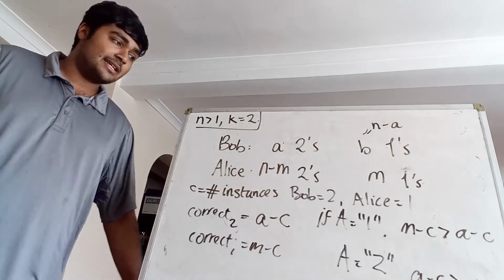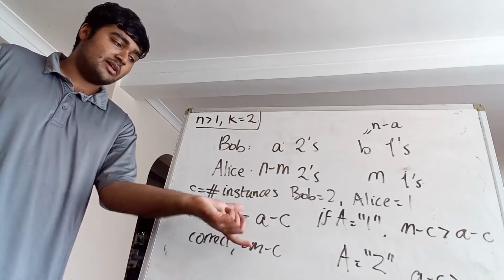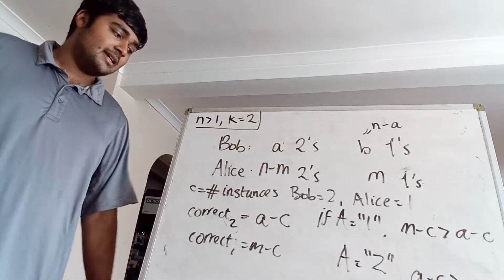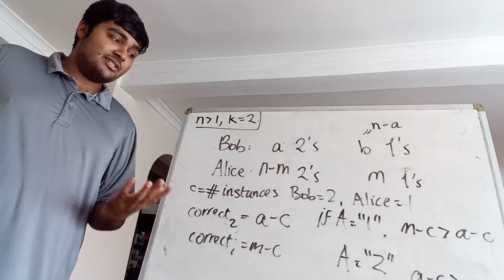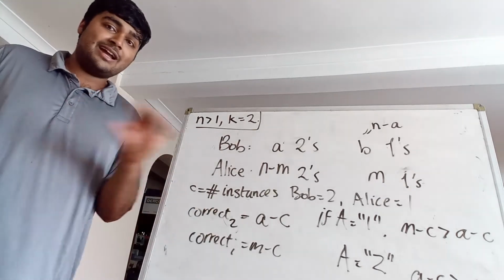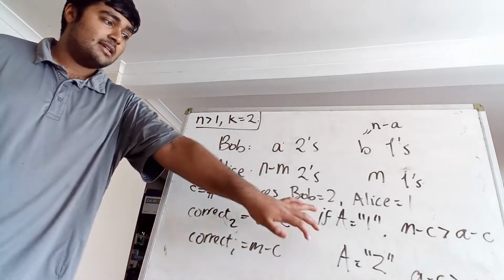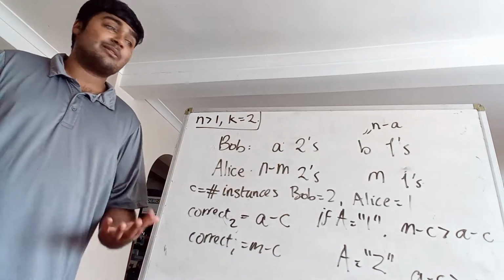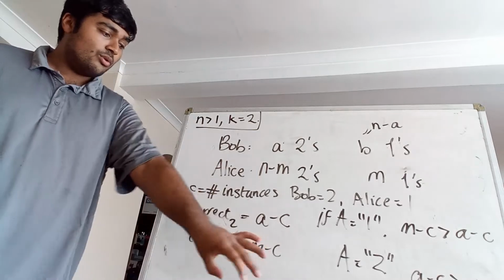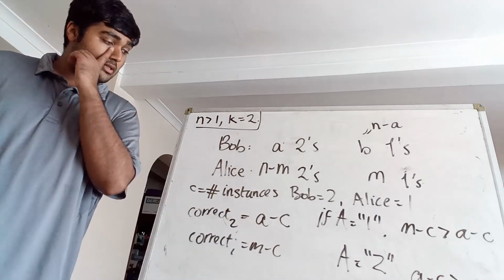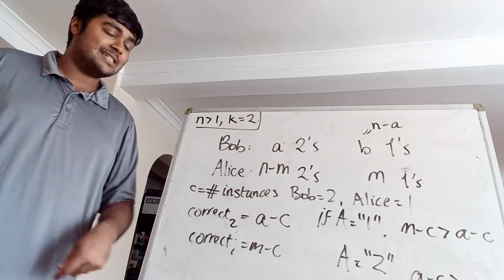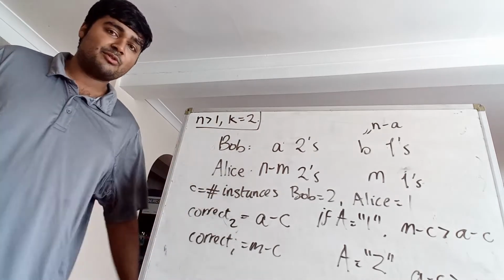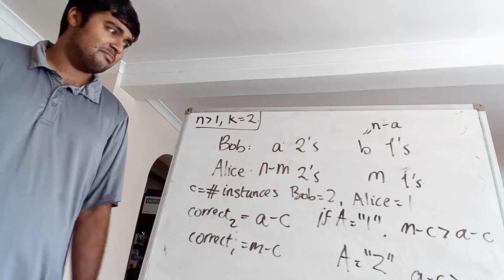Okay, so let's just quickly go over that. If Alice responds by saying 1, then we know that the number of correct 1s must be strictly bigger than the number of correct 2s. If Alice responds by saying 2, either there are no matches, Bob hasn't got any of the positions correct, in which case Alice is by default going to spit out K, and K in this case is 2, or the number of correct guesses for the digit 2 that Bob has is bigger than or equal to the number of correct digit 1s that Bob has guessed.